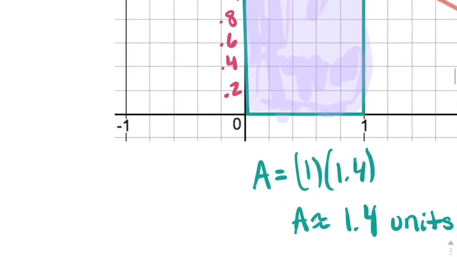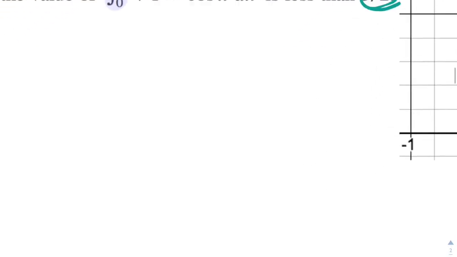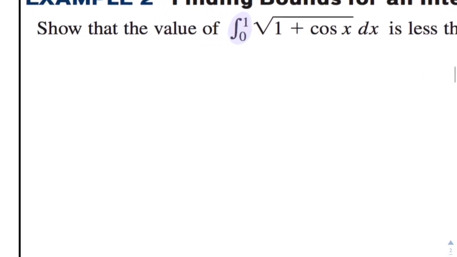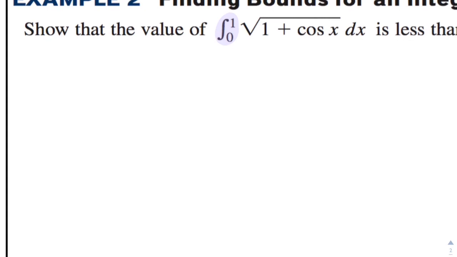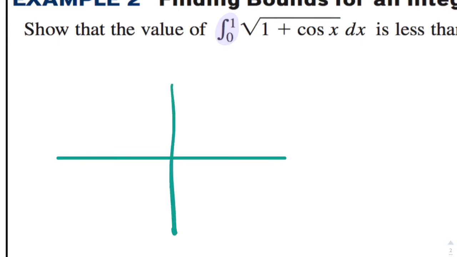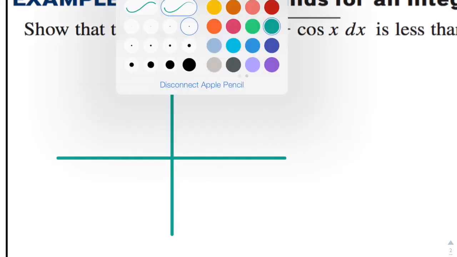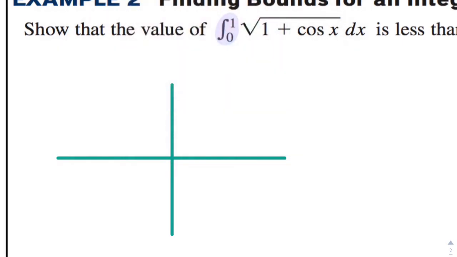All right, the only other way we could do is more algebraically. What we do know about the cosine function is that from 0 to 1, regardless of what it is, cosine of 0 or cosine of 1, it oscillates between -1 and 1. So I'm just going to sketch in here a cosine function.